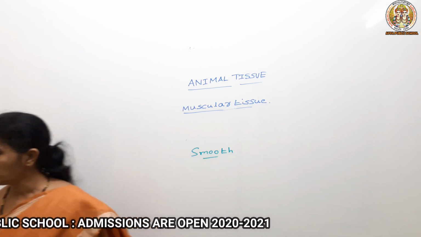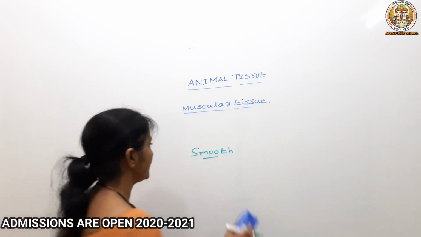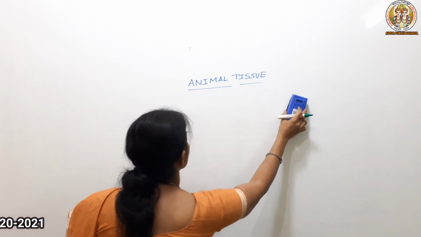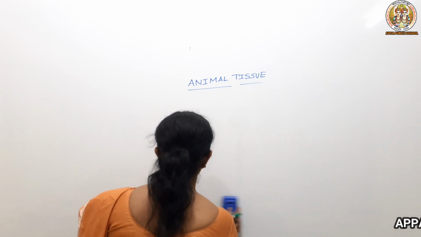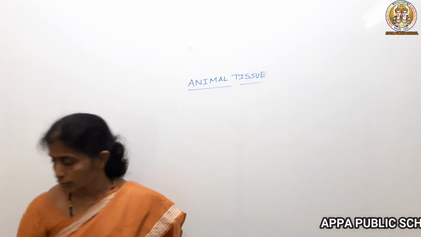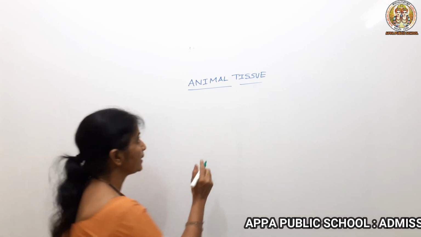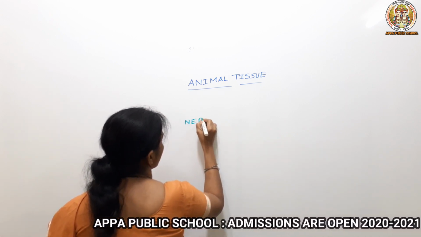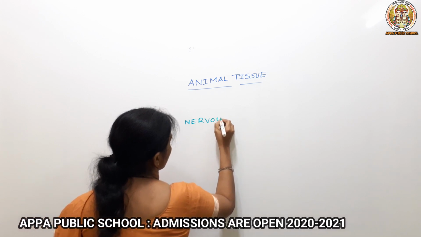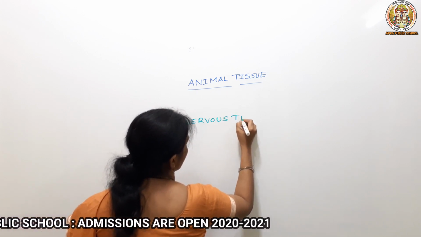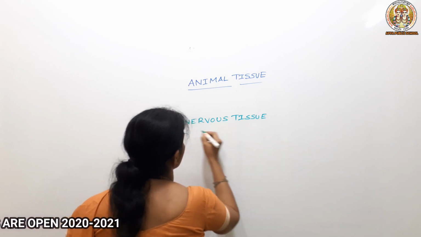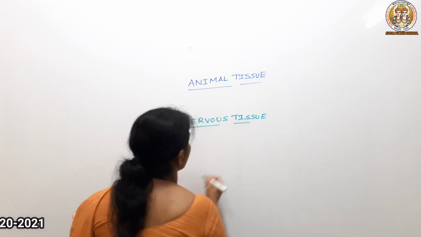So let us move to the next one, that is the nervous tissue. What is the main function of nervous tissue and what does it consist of? Mainly the nervous tissue consists of the brain as well as the spinal cord.